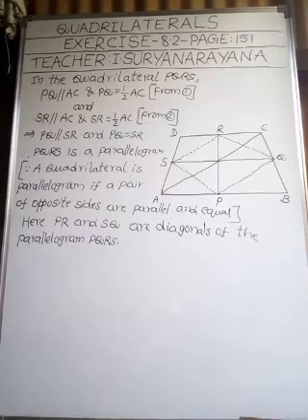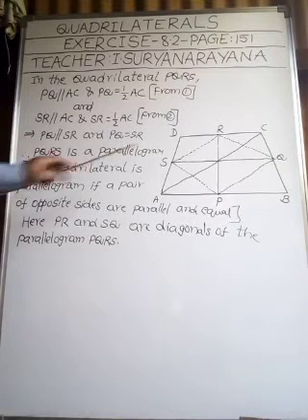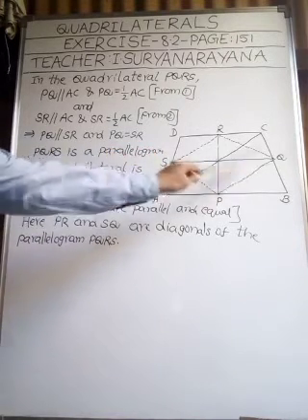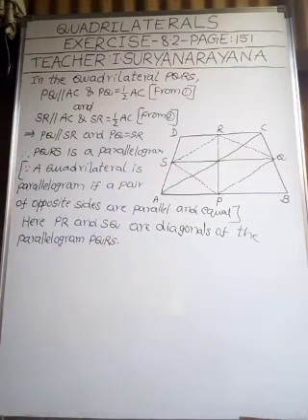With respect to the parallelogram PQRS, this SQ and PR are said to be diagonals of the parallelogram PQRS. Therefore, they bisect each other because what is the diagonals property of a parallelogram? Diagonals of a parallelogram bisect each other.